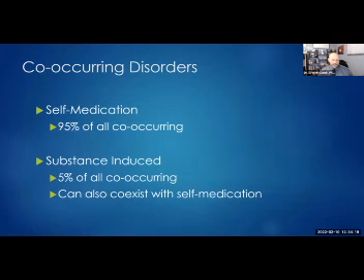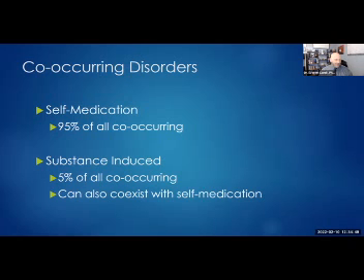That is, they originally had depression, or they had poor coping skills and anxiety, and utilized substances as a coping strategy to overcome those issues or to not focus on those issues, and thus led to a substance abuse issue. That makes sense, everyone? So self-medication, 95%.